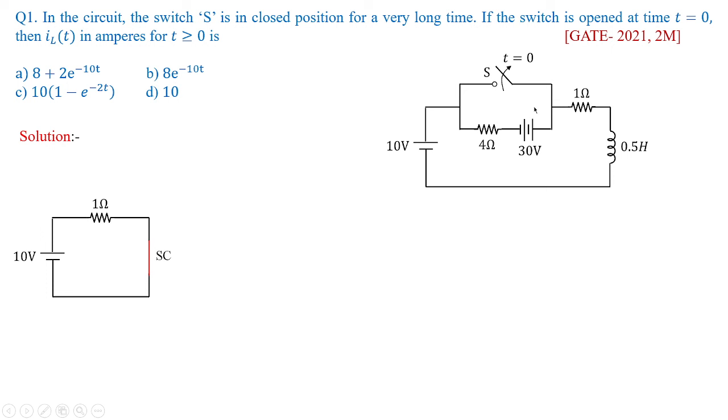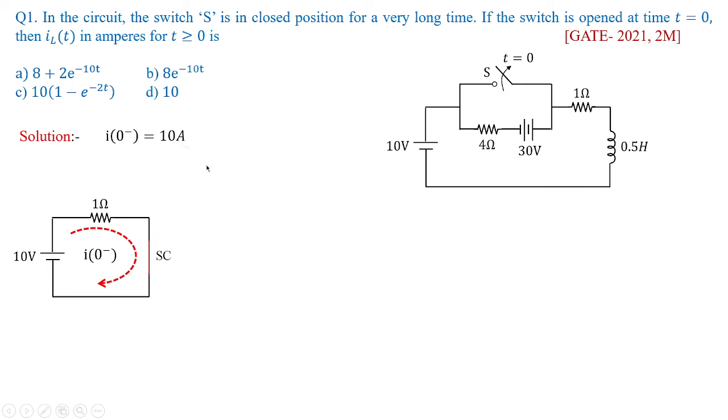So this is the condition of the switch when it was kept closed for a long time, and this is the circuit obtained. If I want to know the current before switching, I'll name this I of 0 minus, whose value will be equivalent to 10 amperes. Why 10 amperes? 10 divided by 1 becomes 10 amperes.